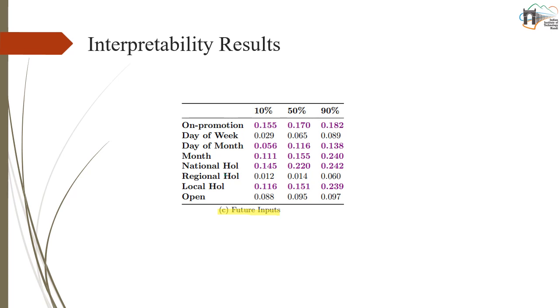Among the future inputs, you can see whether there was a promotion, the particular days of the month, national holidays, and also some local holidays. All of these things affected our model's forecast. This interpretability gives us a more transparent picture of how our model is predicting the future.